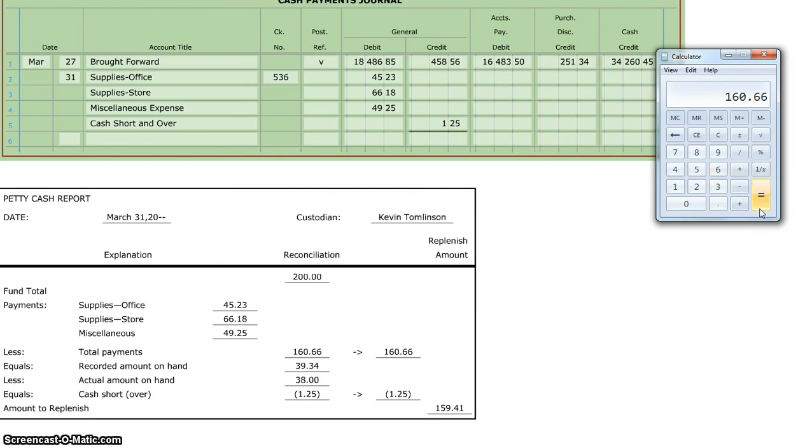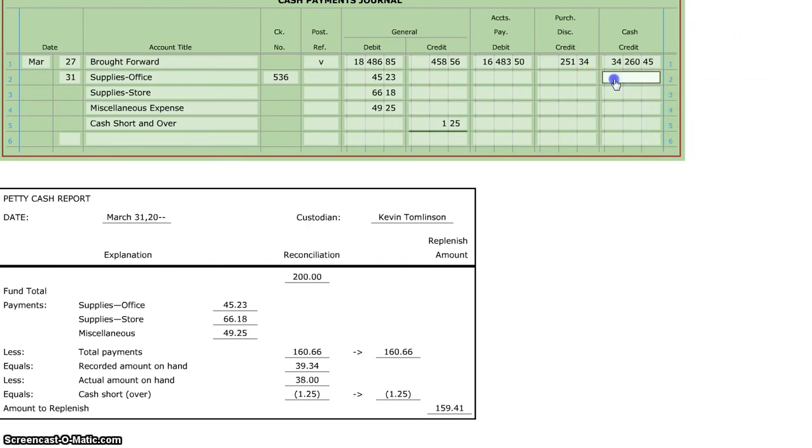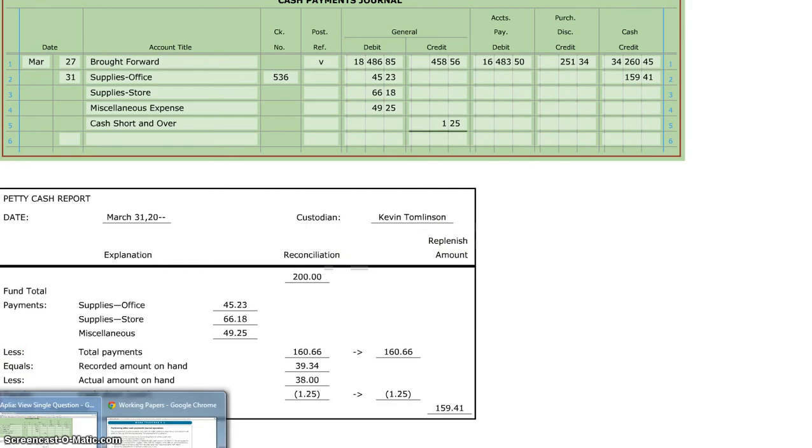When we subtract that by $1.25, because opposites subtract, we should get 159.41, and that's how much we owe for our petty cash account, 159.41. So that is how you replenish the petty cash.